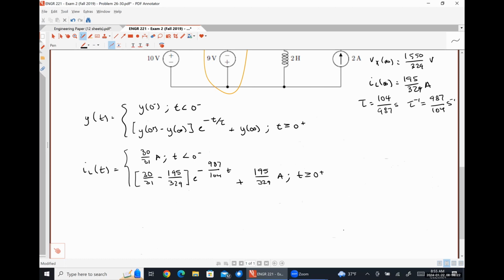And just for the sake of argument, 30 over 31 minus 195 over 329 comes out to be 0.375 amps.